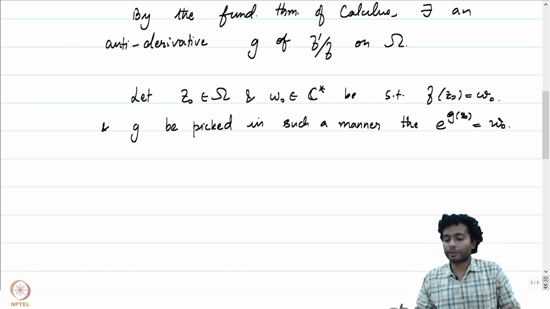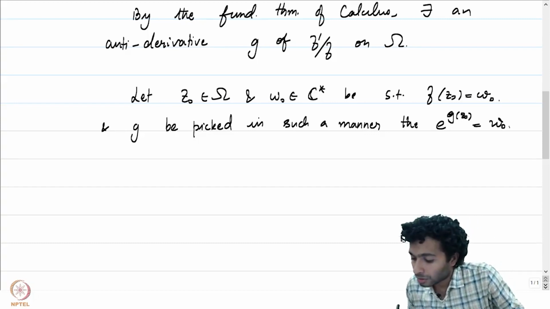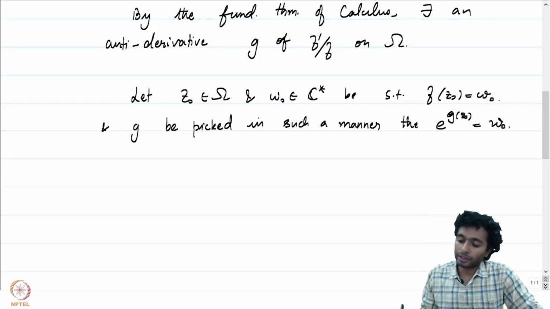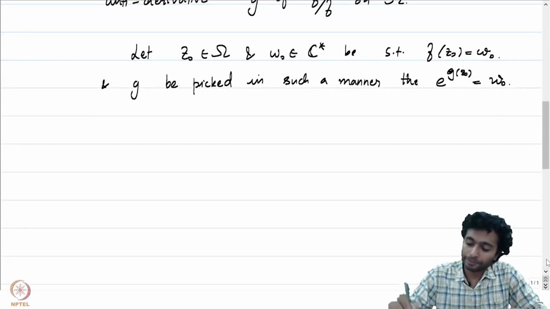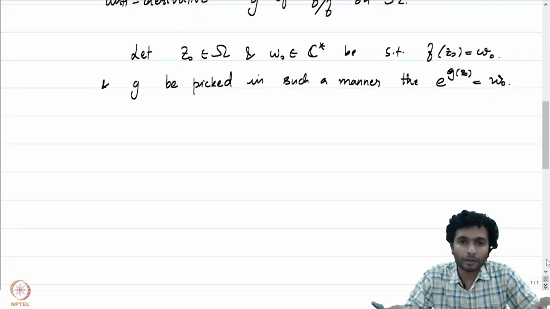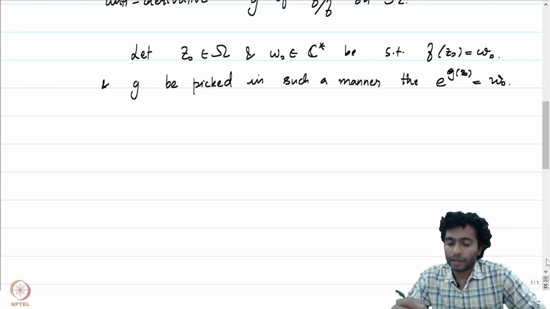You can always do this because w0 is a non-zero constant, and the exponential is a map from C onto C star, and therefore you can add to g the relevant constant to arrange for this to happen.